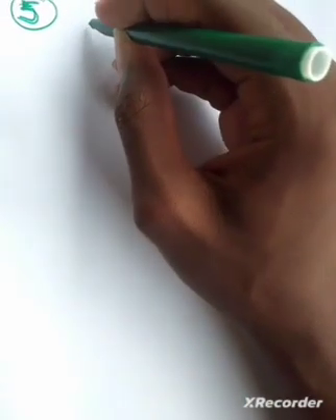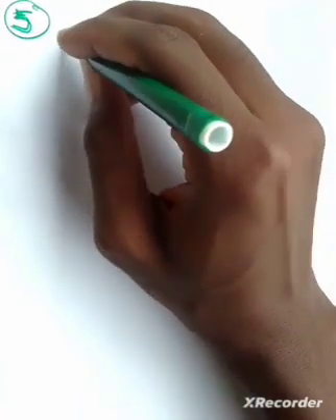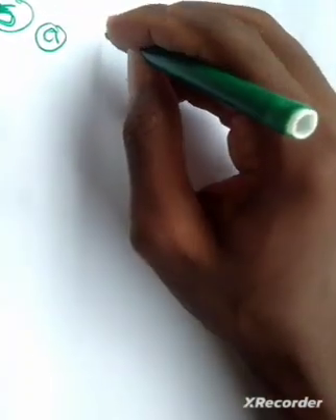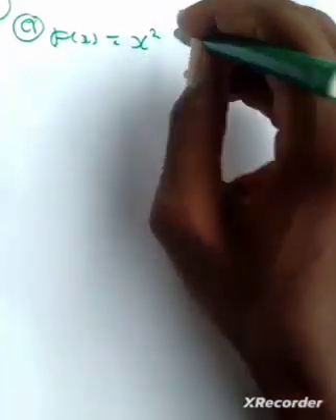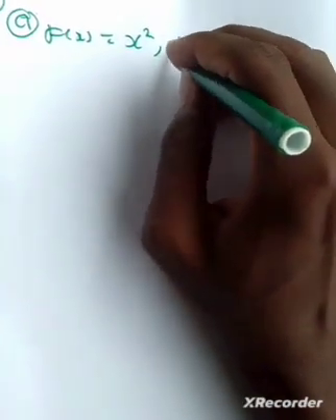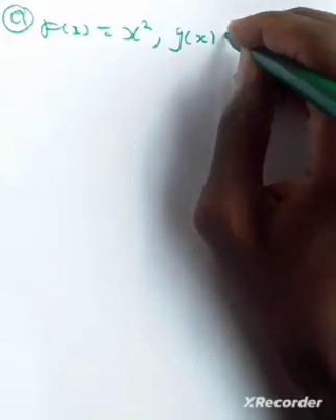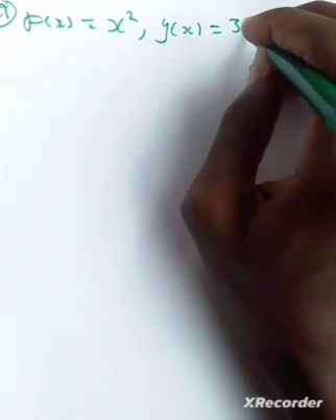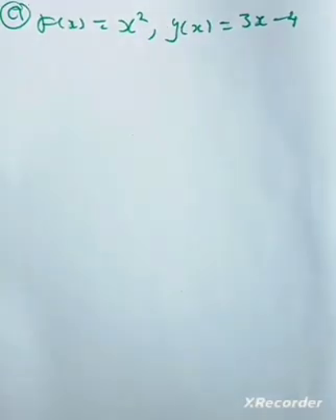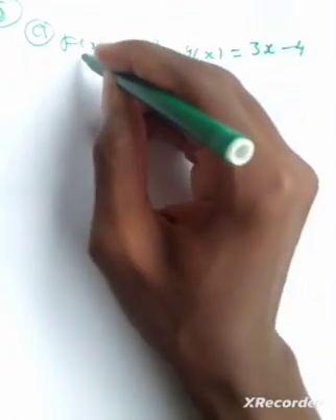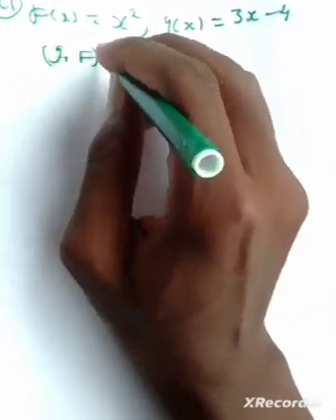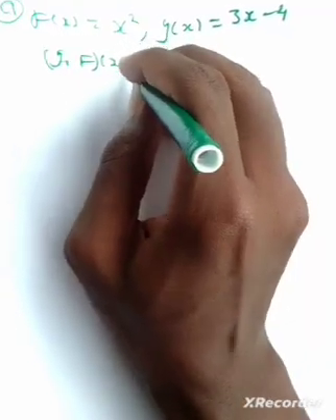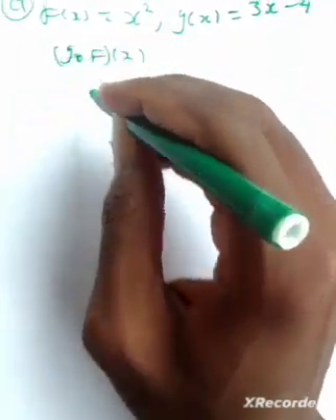Alright, so question 5a. They have given you f of x, which is x power 2, and g of x, which is 3x minus 4. The first one they want you to find is g of f of x.